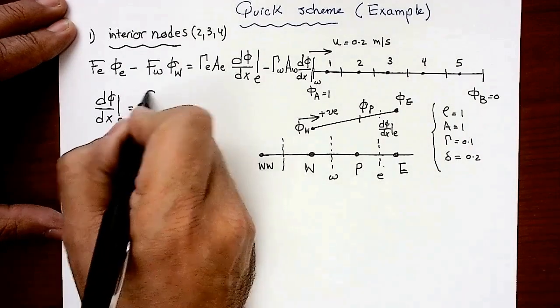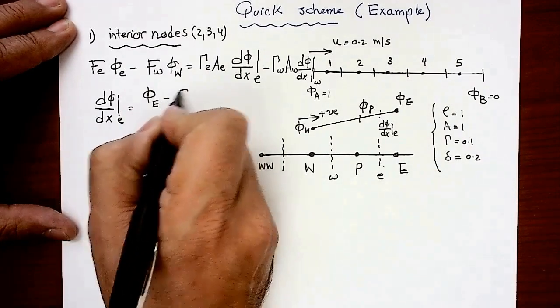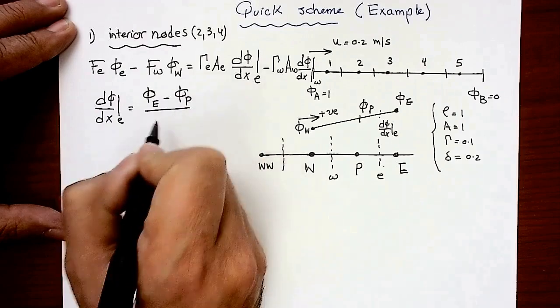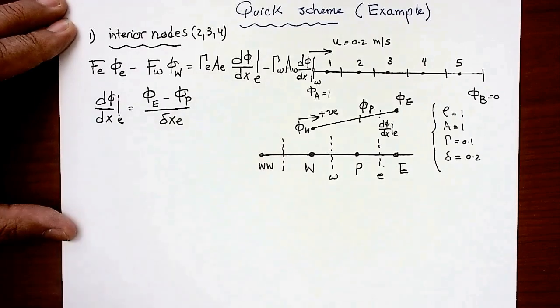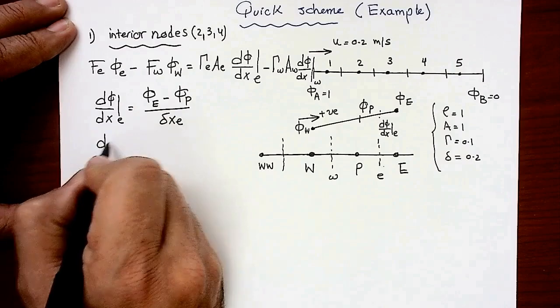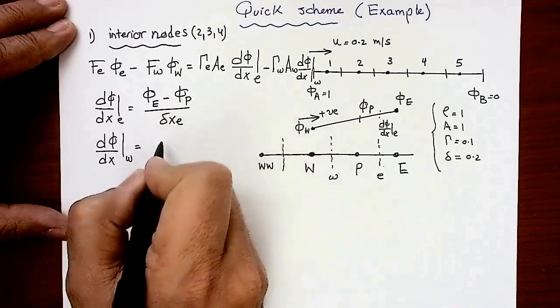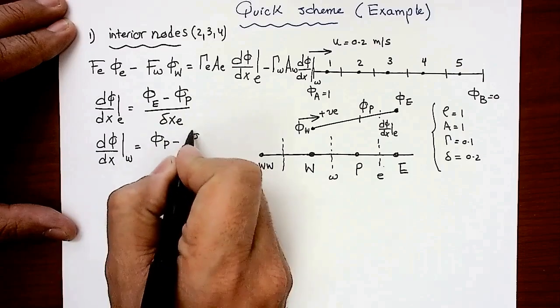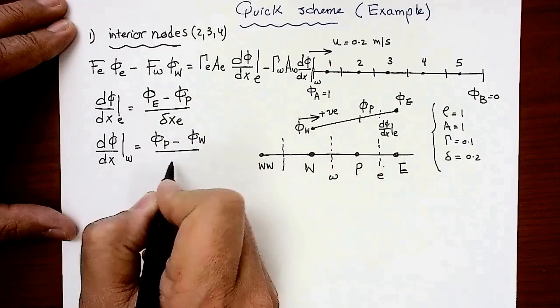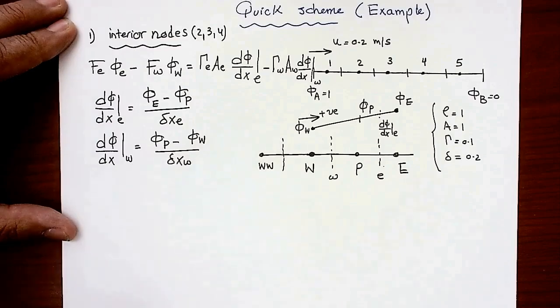So this would be simply phi east minus phi P divided by delta x east. If I want to get d phi by dx on the west face, this would be simply phi P minus phi west divided by delta x west.